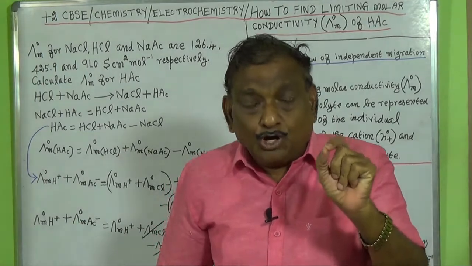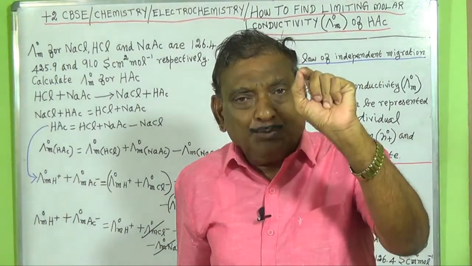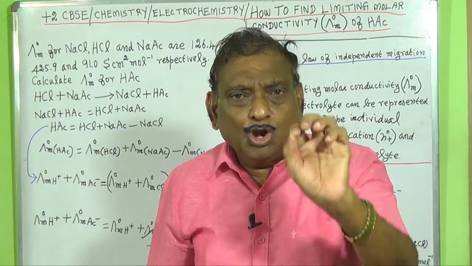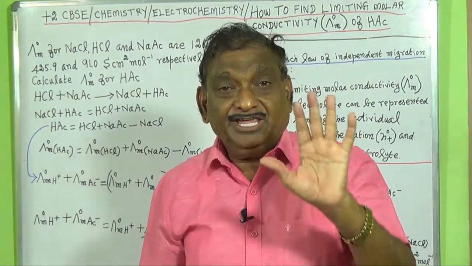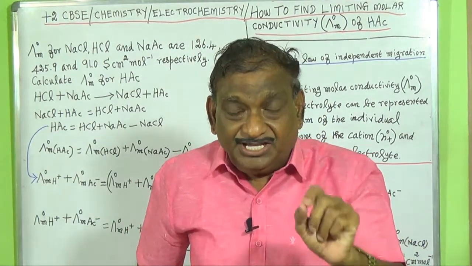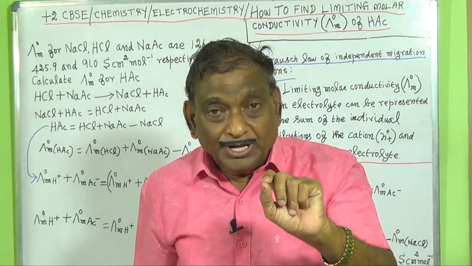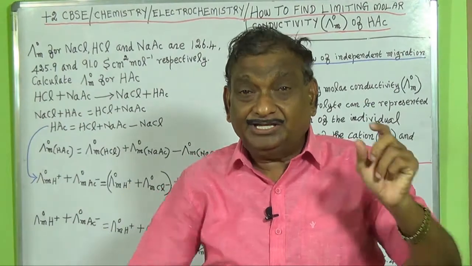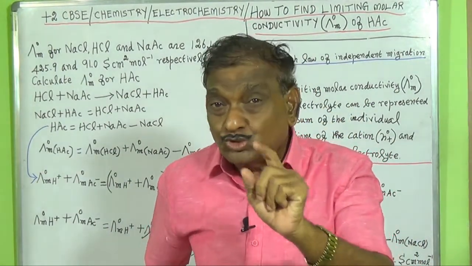Why should we follow the Kohlrausch law of independent migration of ions in order to find the limiting molar conductivity of weak electrolyte? The reason is, at infinite dilution, that is when the concentration becomes zero, the electrolyte dissociates completely. That is, the degree of dissociation will become 1.